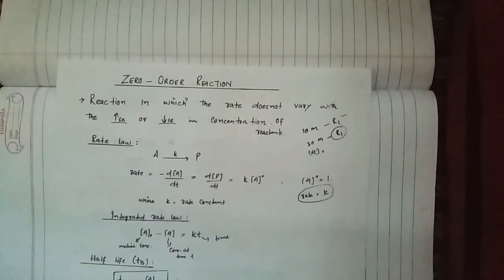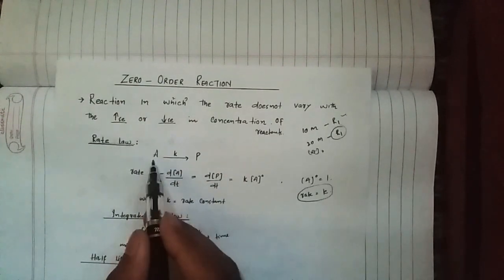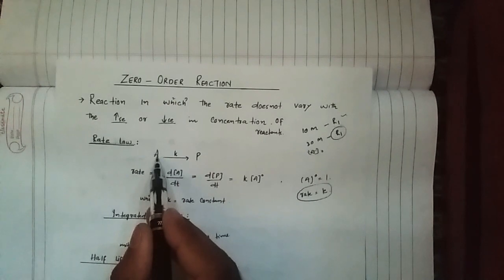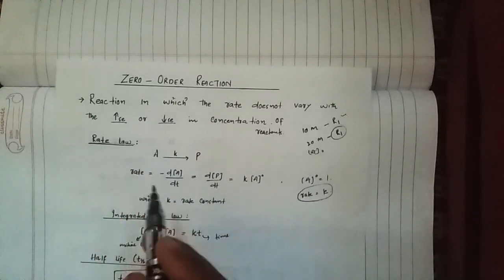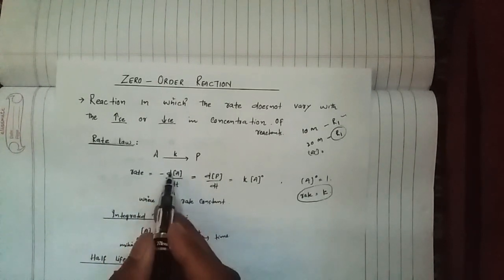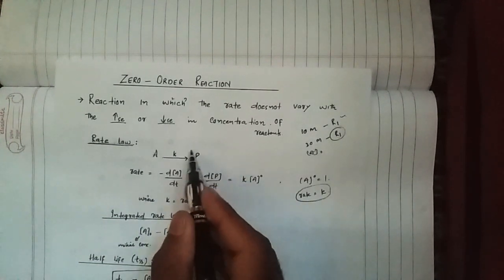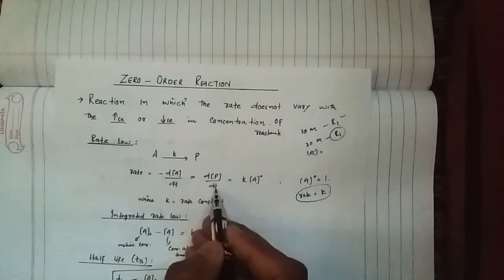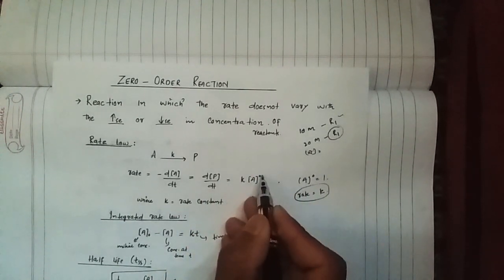Now we will see the rate law of these reactions. Rate law of zero order reactions. For example, we have the reaction in which A, that is the reactants, are converted into products P. In such reaction, the rate will be equal to minus dA by dt, that is decrease in the concentration of this reactant, or the rate will be equal to increase in the concentration of product, that is dP by dt, or this will be equal to K times A power 0 because it is independent of initial concentration of reactants.